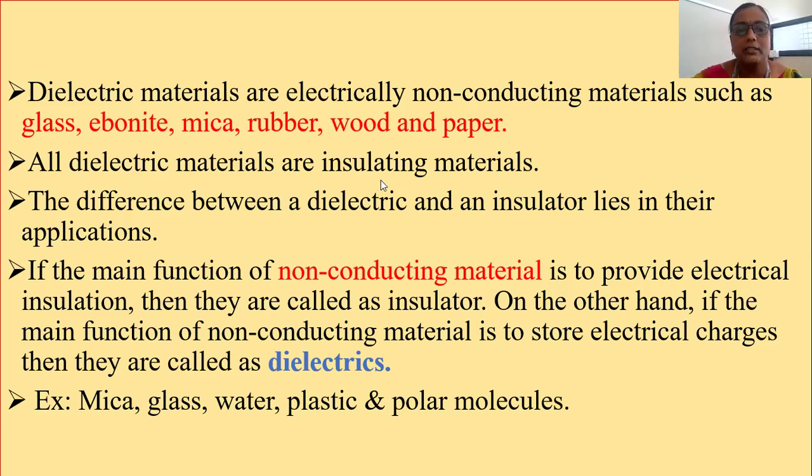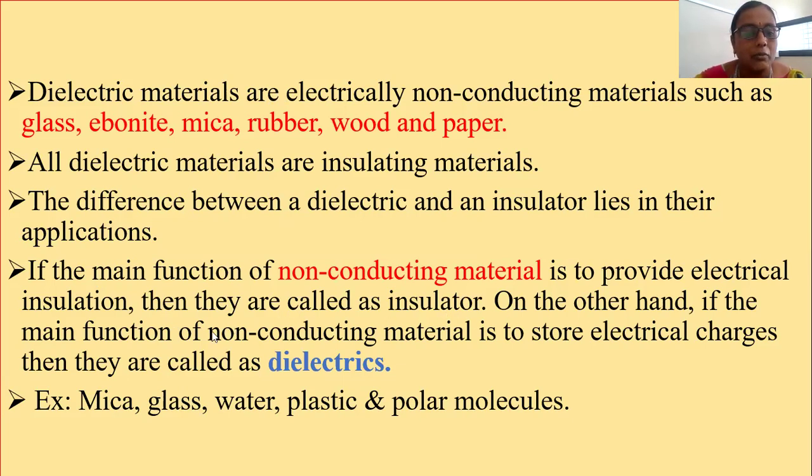All dielectric materials are insulating materials, as we know that. The difference between dielectrics and insulators is their applications, how we are using them. If the main function of a non-conducting material is to provide electrical insulation, then they are insulators.